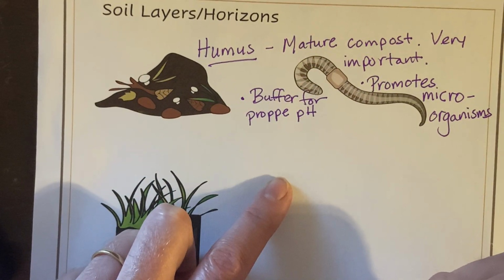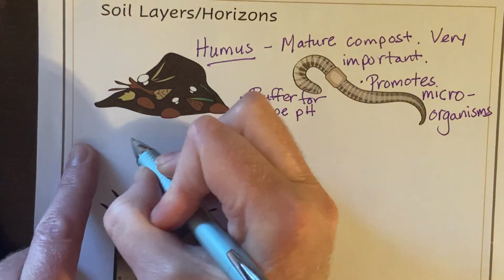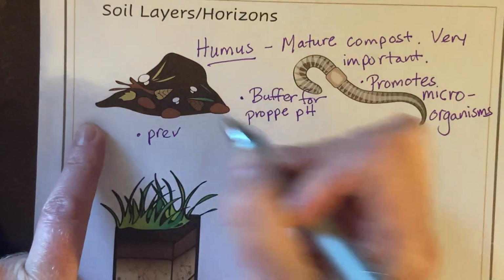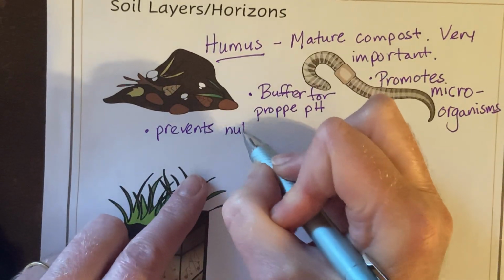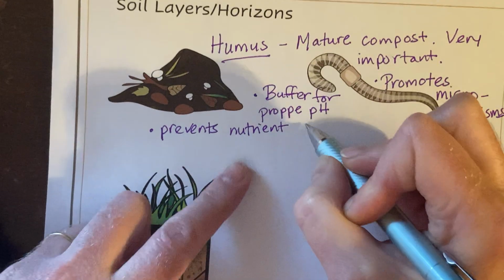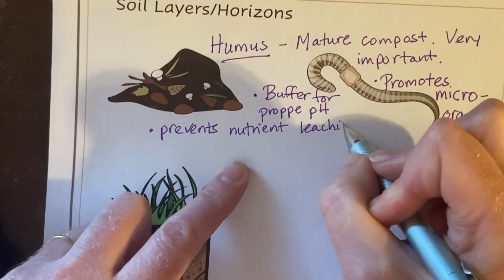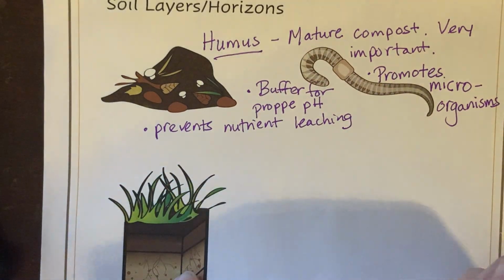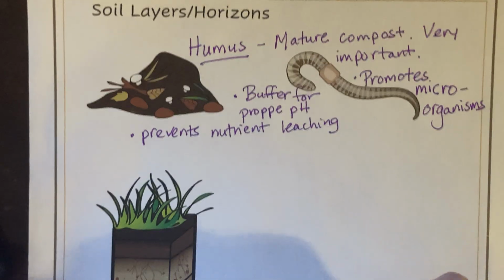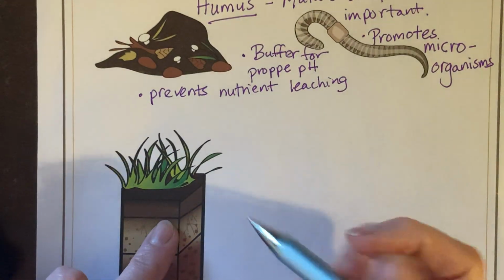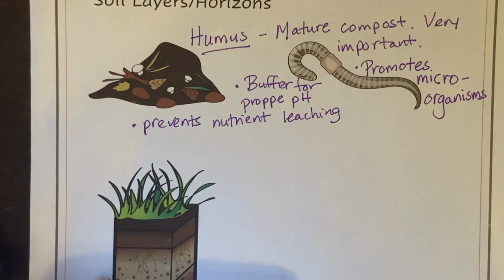And it prevents nutrients from leaching out. So I'm going to write that over here. So I'm going to say prevents nutrient leaching through water runoff. So humus, very important for the top of soil. So you'd want it up here in your O horizon.